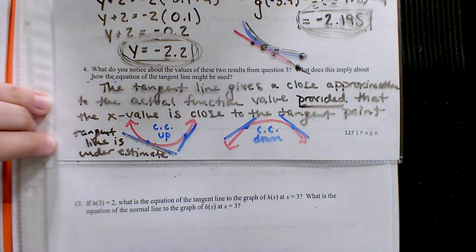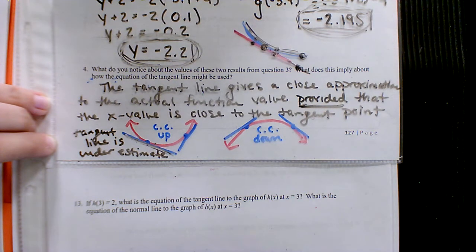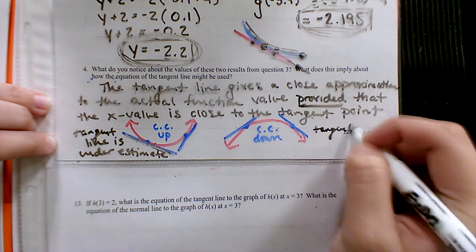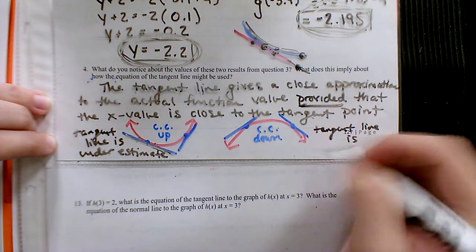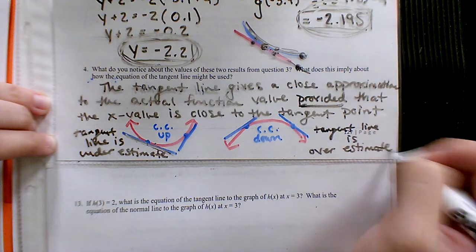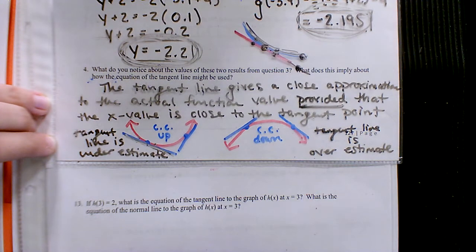In the other case, if we're concave down, notice how the tangent lines are above the actual function. So we would say tangent line is an overestimate. You'll probably get a value that's more than the actual one. Does that make sense? Can we visually see that?